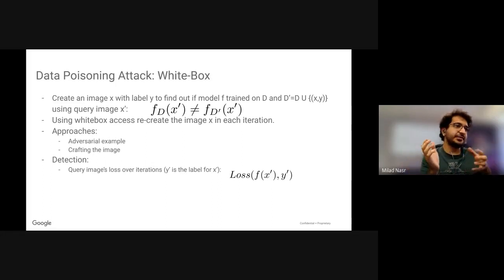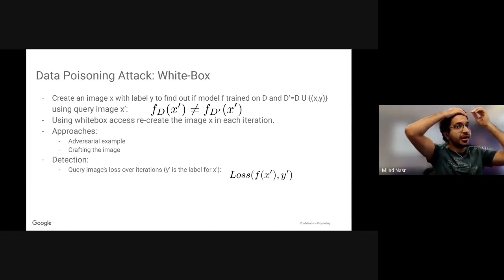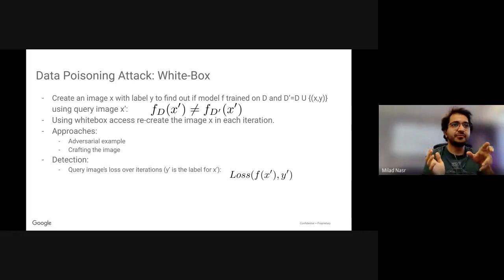In this mechanism, we assume that we have a query image X prime, but we try to create an image X such that if a model is trained on that specific image, the output of the model for X prime will be different. If you look at the formula here, we want to create an image X such that f of X prime will be different from the case when X was part of the training data or not.